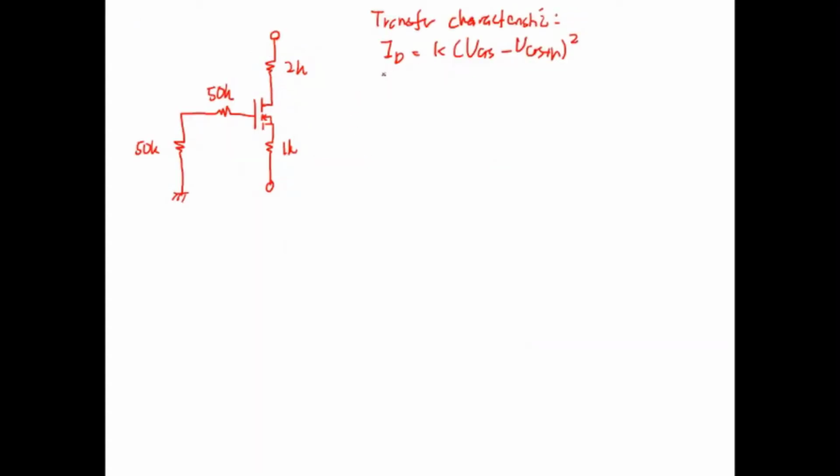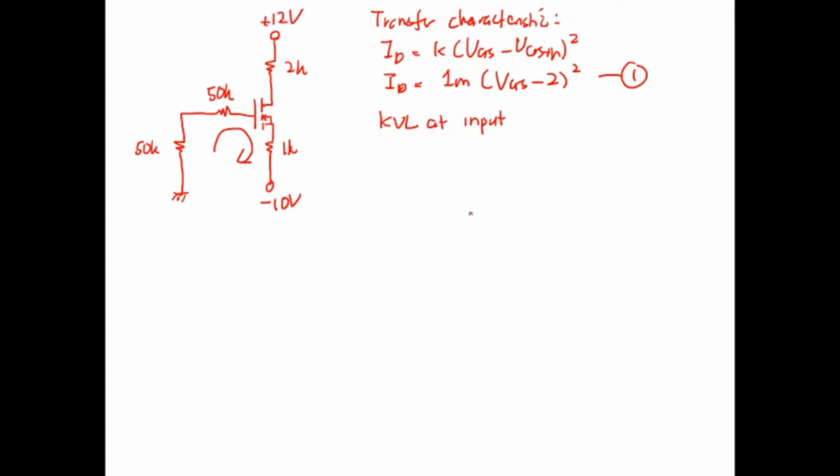So you get ID equal to 1 milli times (VGS minus 2) squared. So this is your first equation. The next step is the KVL at the input loop.